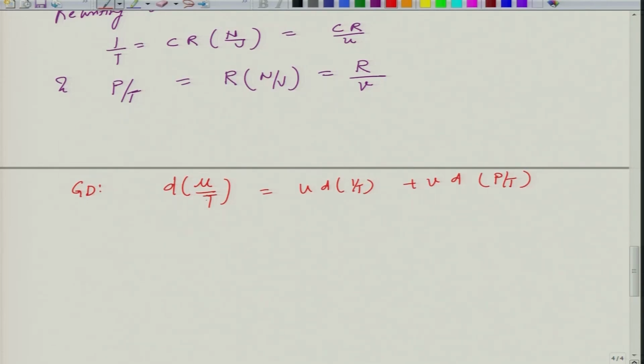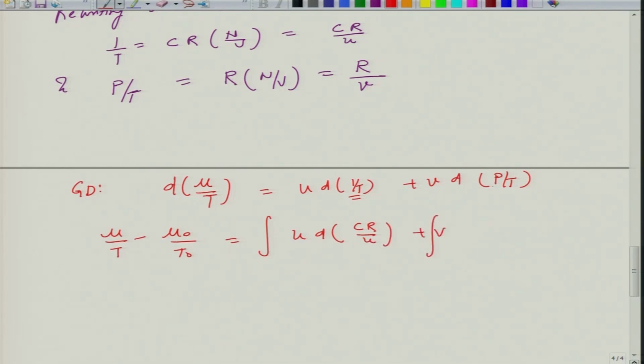Now I can integrate this: mu/T minus mu reference value, and if you integrate this, this is u d(1/T), which is C r by small u, plus V d(P/T), which is nothing but d(r/V), okay.